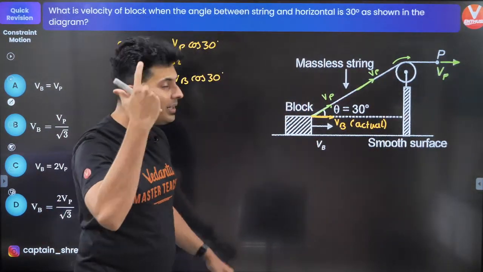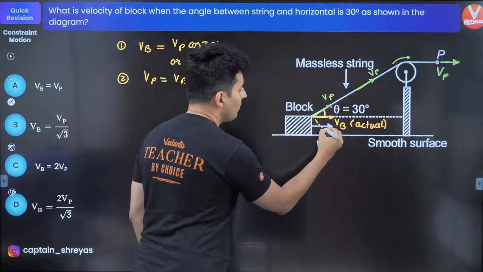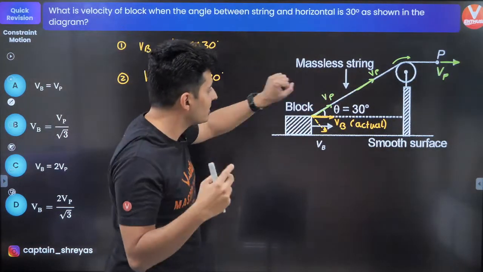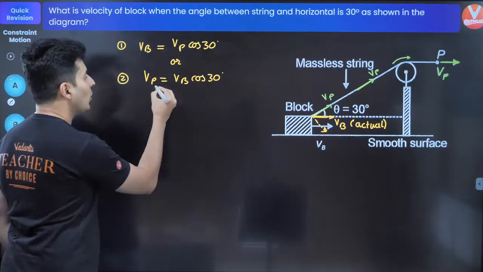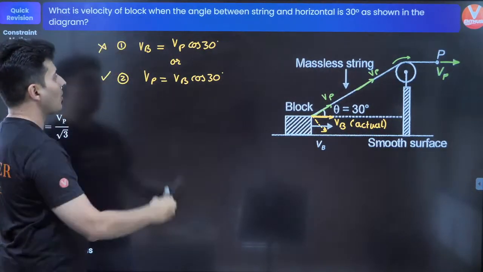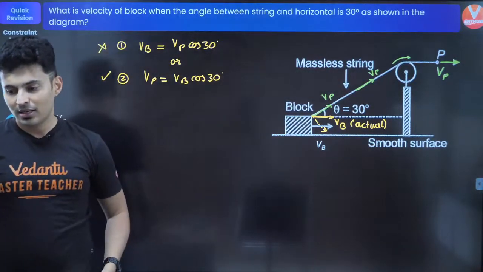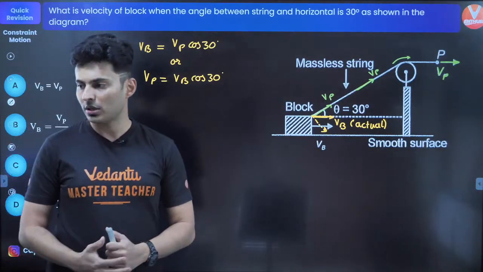A component of it is Vp. There is also another component here. You can always split a vector into 2 perpendicular components. So Vb is the main vector and you have to split it. So hence this is correct, this is wrong. Vb's component is Vp. Understood? It's the second option.